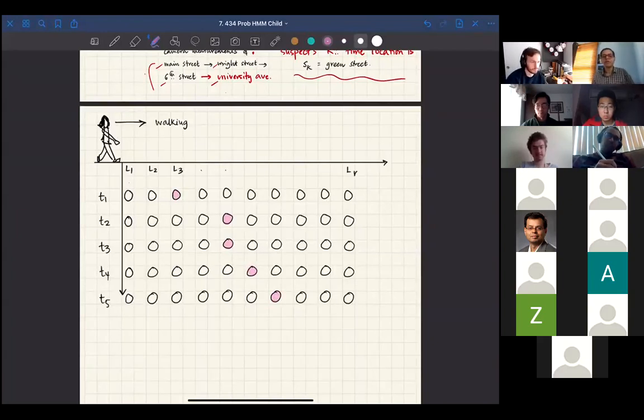Let's say these pink ones are your measurements. Your measurement is saying at time T1, the user was at L3. At time T2, the user was at L5, and so forth.